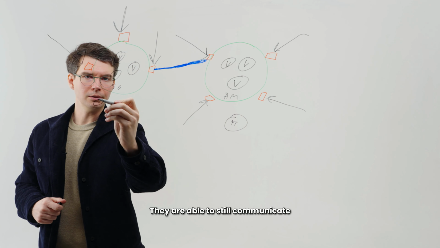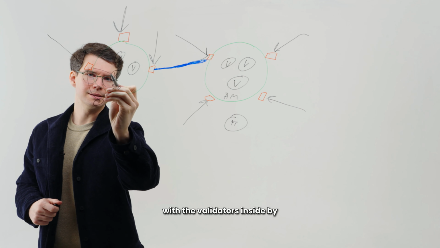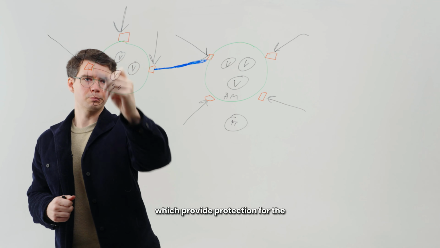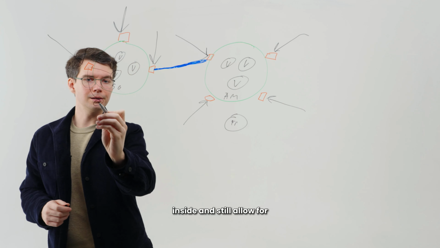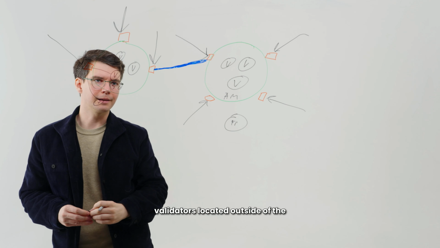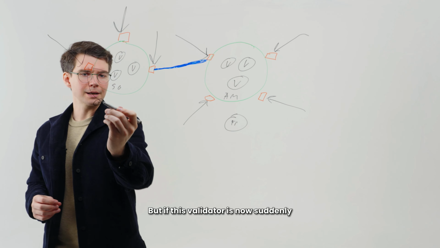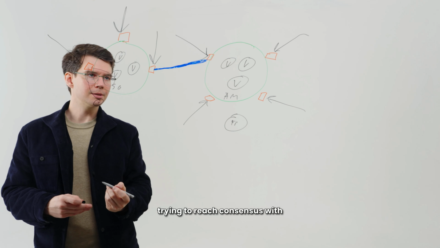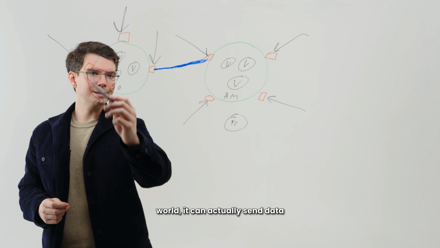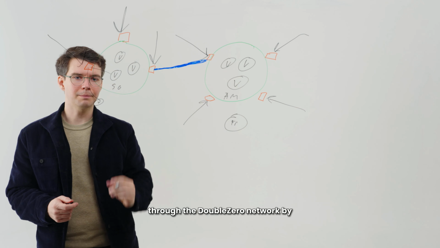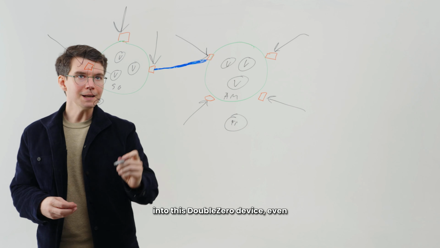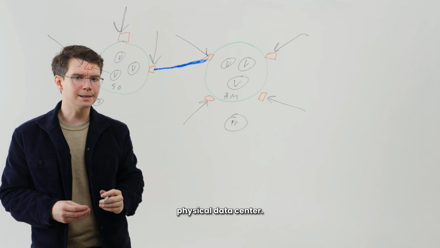They are able to still communicate with the validators inside by passing through these double-zero devices, which provide protection for the inside and still allow for transactions to come in from validators located outside of the network too. But if this validator is now suddenly trying to reach consensus with validators over on this part of the world, it can actually send data through the double-zero network by using a software tunnel to connect into this double-zero device, even if it's not located in the same physical data center.